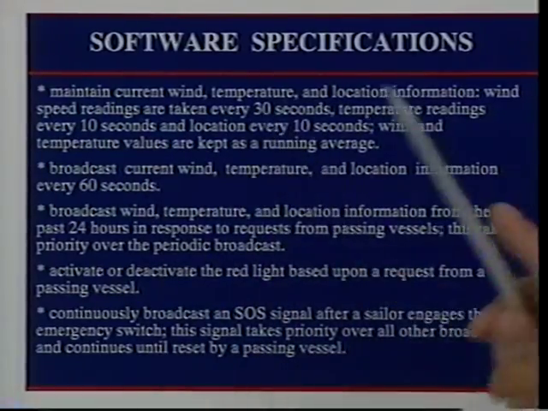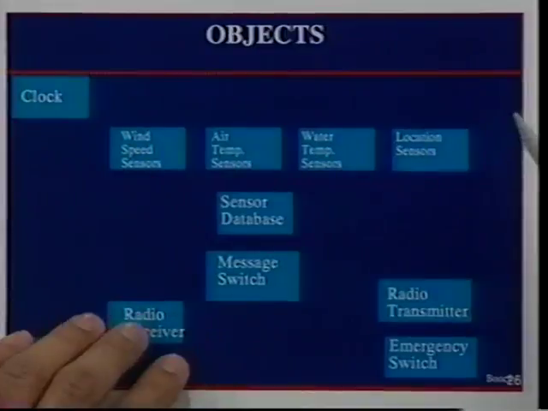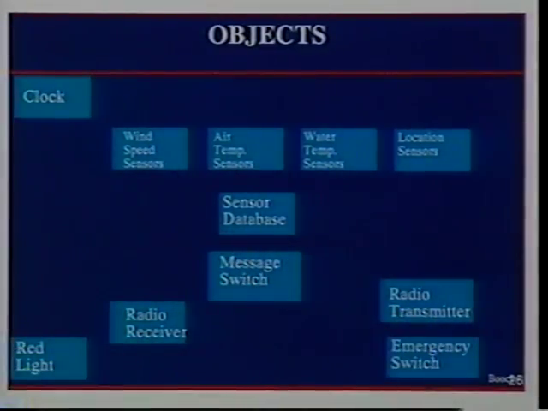So every 30 seconds, this wind speed sensor gets a message from the clock object. Whenever it gets a message from the clock object, it has to do something. So it does some operation in there.